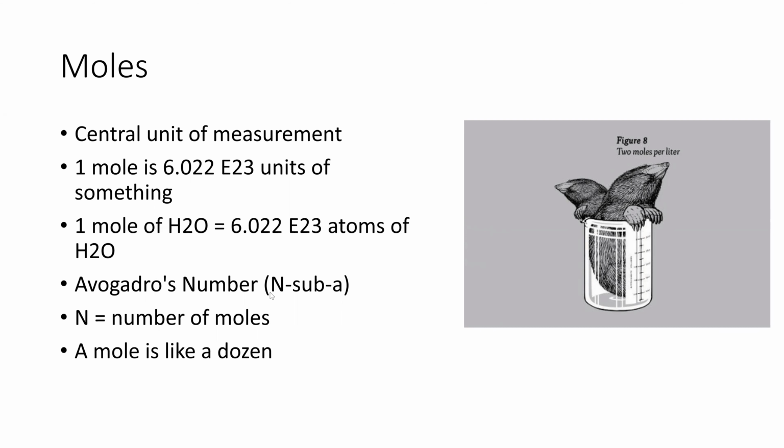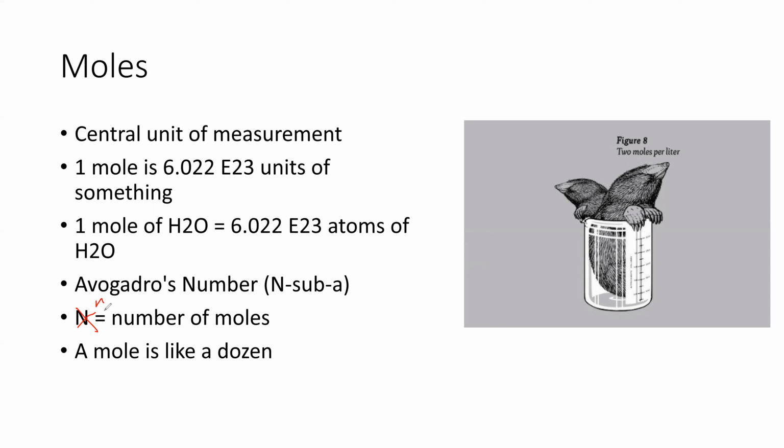Avogadro's number is usually abbreviated as capital N with subscript A. And n, lowercase, is equal to the number of moles. So if you see n in an equation, it often means the number of moles.